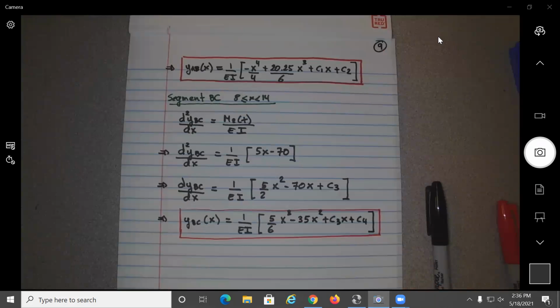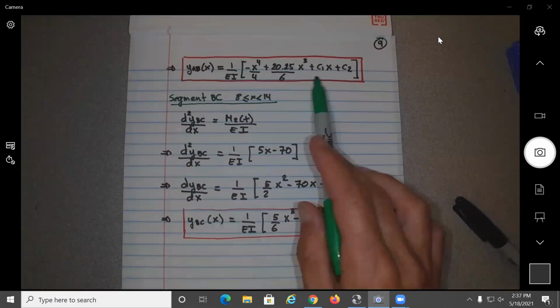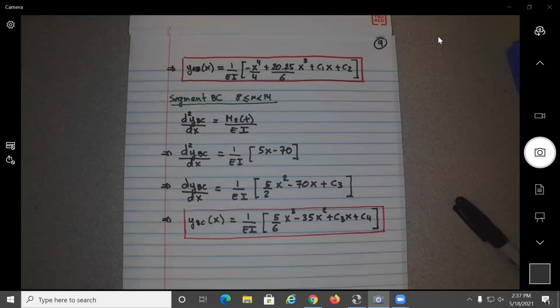Okay, so now this is the last thing I'm going to write for today, but it's quite important. So now what do we need to do? We need to determine all those different constants, no? All right.